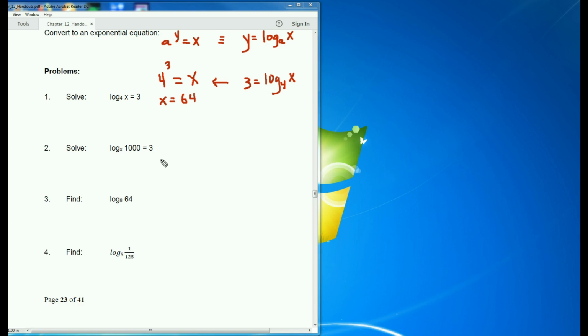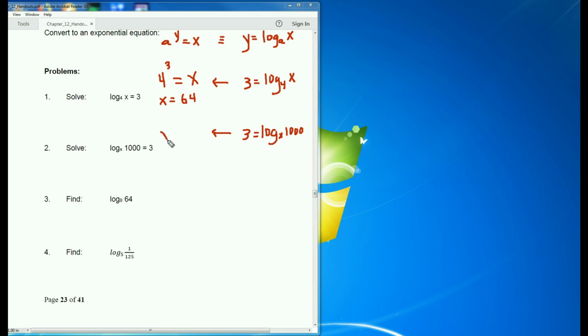All right, let's move on to the next one. Log base x of 1000 equals 3. All right, exactly the same. We're in the logarithmic form, so let's come over here. So in other words, we've got 3 equals log base x of 1000. And let's convert that to an exponential form. All right, the base of the logarithm is x.